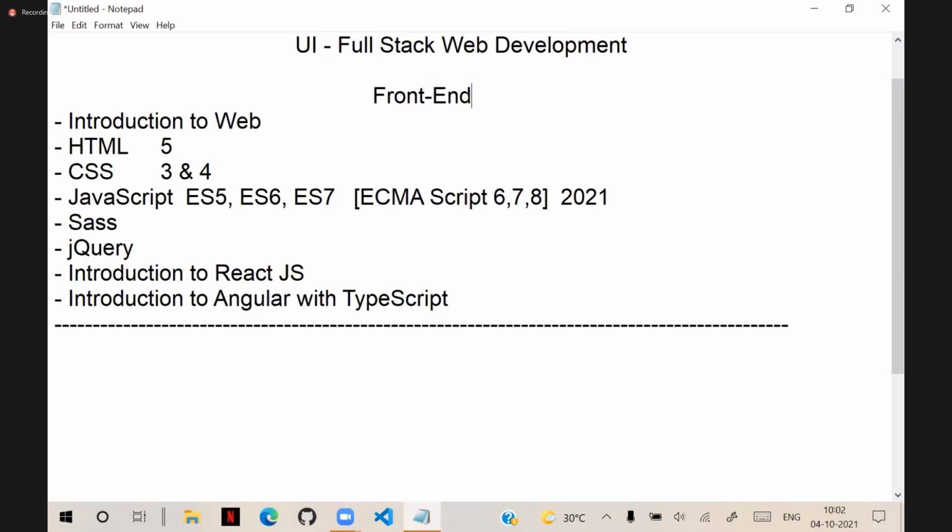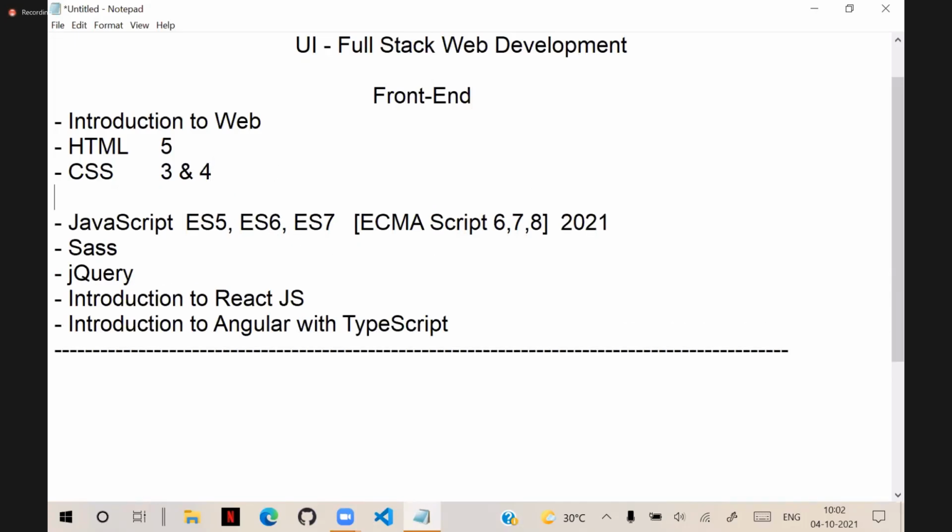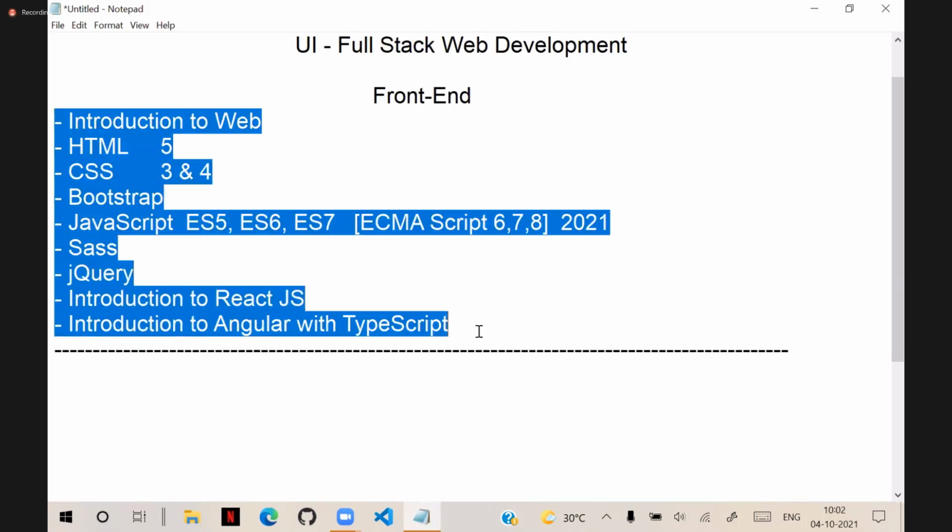What is front end, what is back end, detailed technical points I will explain at the next level. Initially, you should know this is all we are going to learn in the front end. And one extra, after CSS you are going to learn a topic called Bootstrap also, which is very much required. Along with CSS, you are going to learn Bootstrap also. So these are all under the concept of front end technologies.